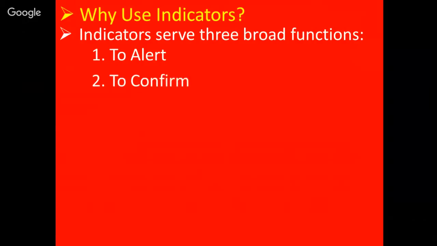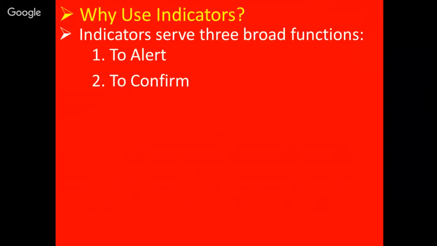The second function of an indicator is to confirm other technical analysis tools. For example, if there is a breakout on the price chart, a moving average crossover could serve to confirm the breakout.